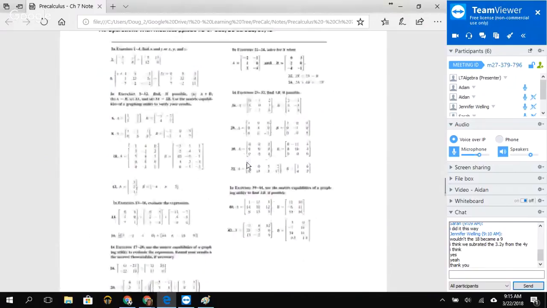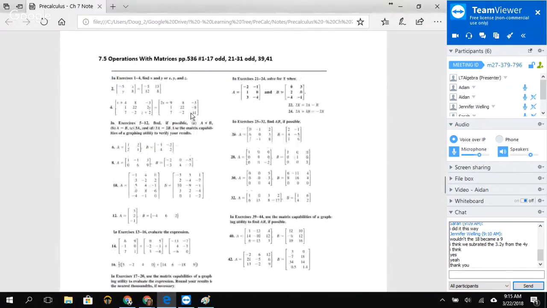There are not a lot of notes at the top, but there is a lot in your book. So I'm going to basically be teaching the concepts through the problems on here, if that makes sense. So the first thing is just a review of the order of a matrix, which becomes really important when you're talking about operations with matrices.